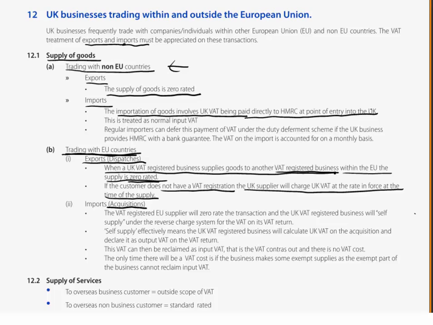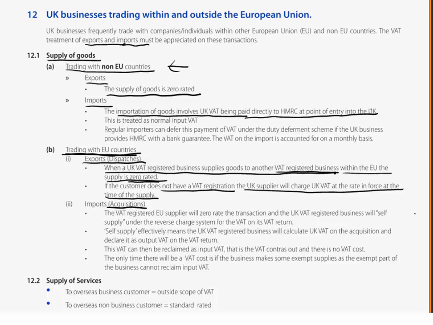So it's basically the same situation, except how HMRC have gained the output VAT is us paying them directly rather than the person who sold the goods to us paying over the VAT on the sale.